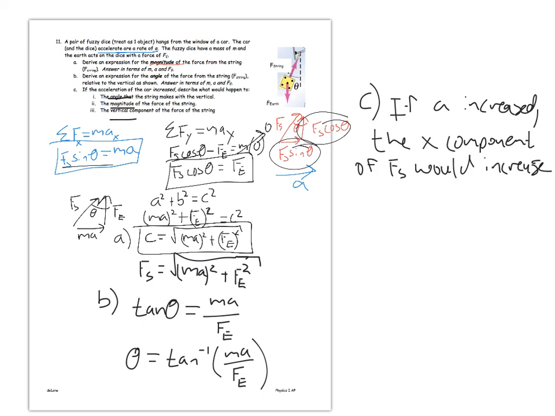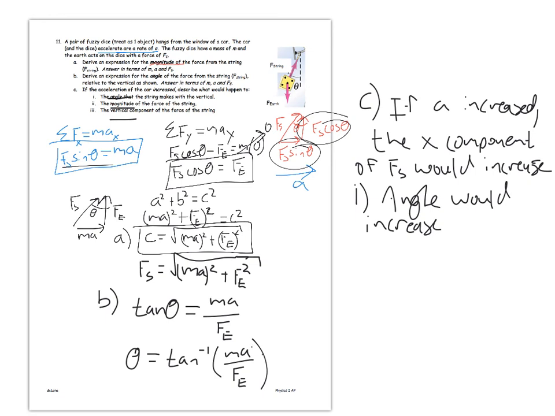That's the direct change when we increase that acceleration. So what effect does that have on the angle? Well, the angle would increase, and we could think about the equation that we just derived for the tangent of the angle, or we could just look at this visually.